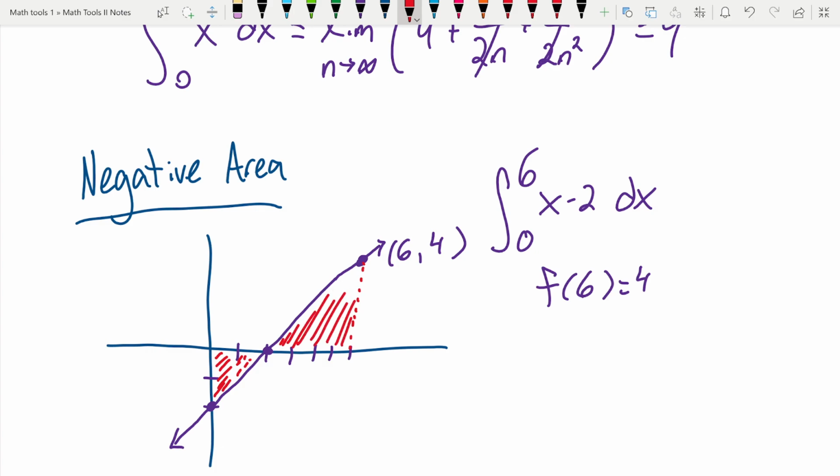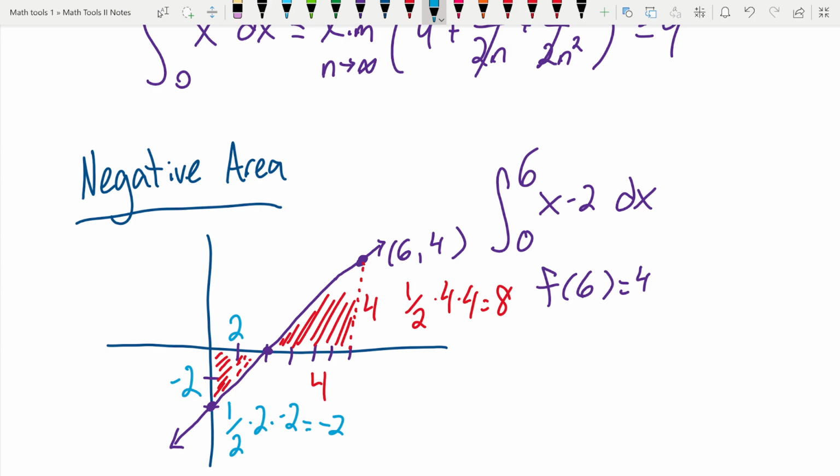So this triangle up here has width 4, from 2 to 6, and also height 4. So 1/2 times 4 times 4 is going to be 8. And this one over here has length 2, but height -2. So 1/2 times 2 times -2 is going to be -2.